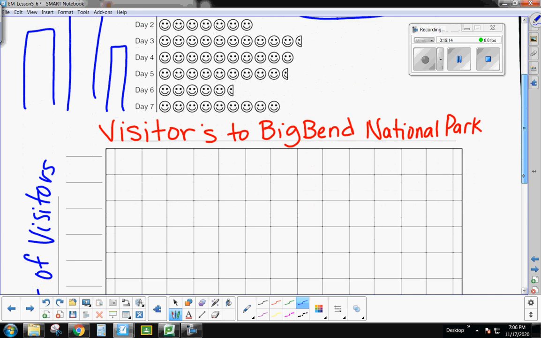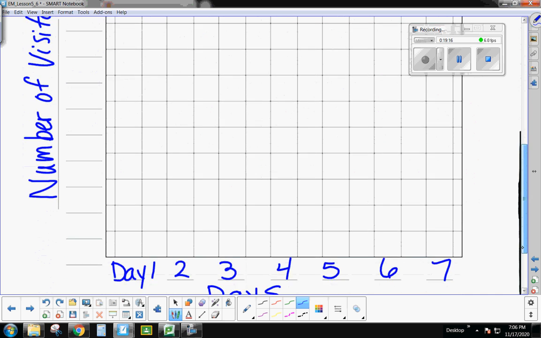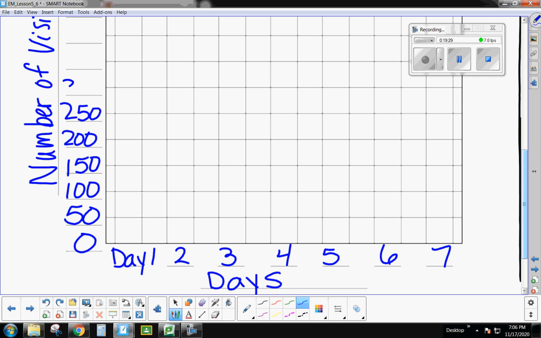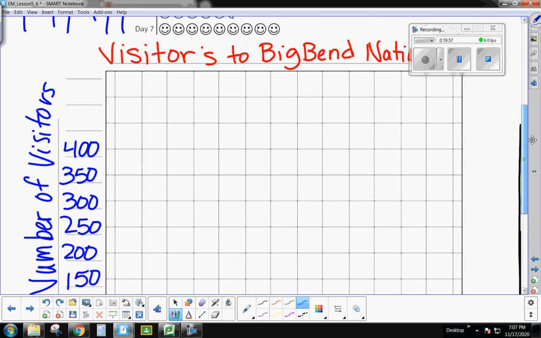So my scale needs to also count by 50s. I'm going to start always with 0, and then I would have 50, 100, 150, 200, 250, 300, 350, 400, and so on, all the way up to the top of my bar. Hopefully I did that right. Talking and writing at the same time is not my specialty.